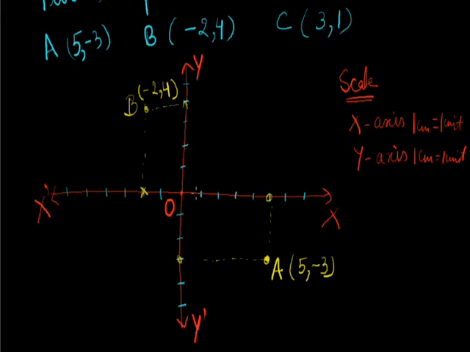And in the same way, C point will be 1, 2, 3 and 1 in the y direction. This is the C point.